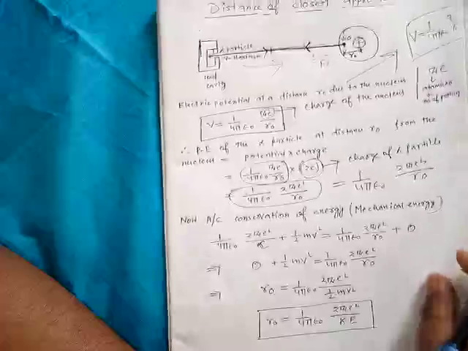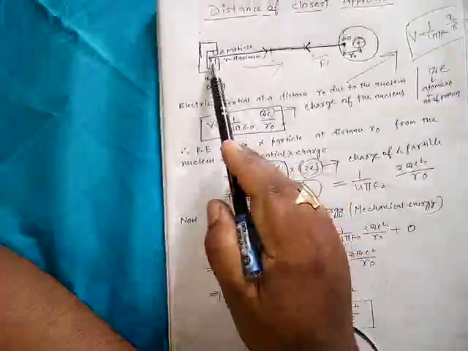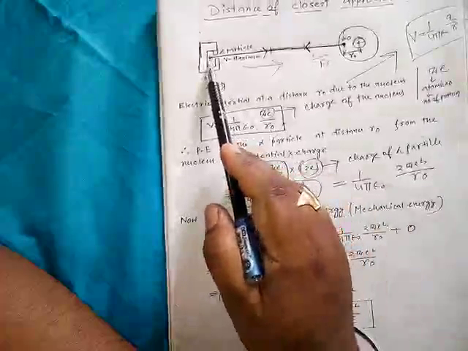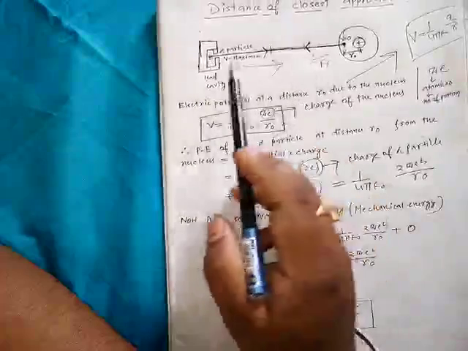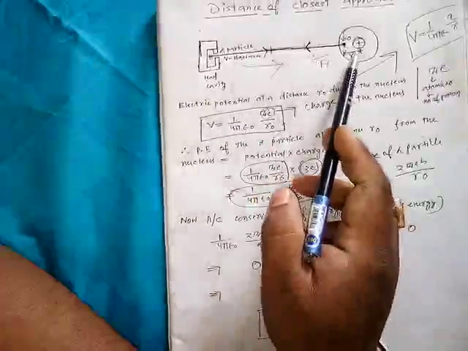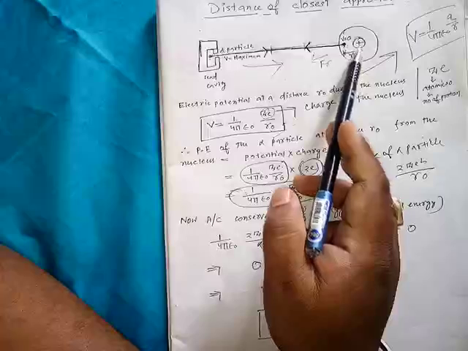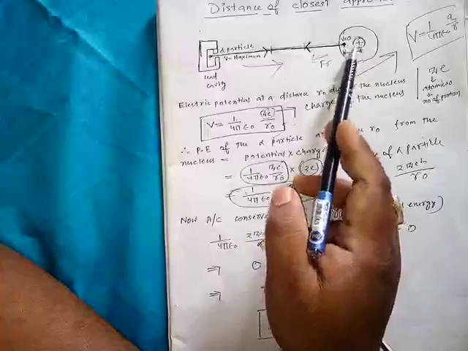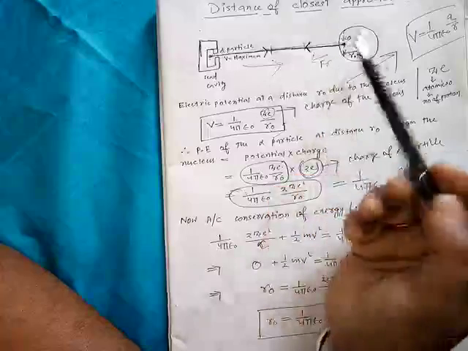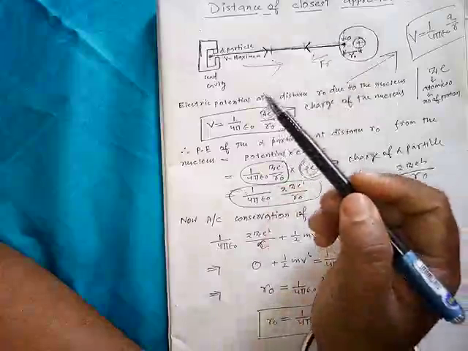Now what do we consider? We consider that the source of the alpha particle is at a very large, infinite distance from the gold nucleus. Why? This is because the size of the gold nucleus is very negligible, that we are going to discuss a little bit later.